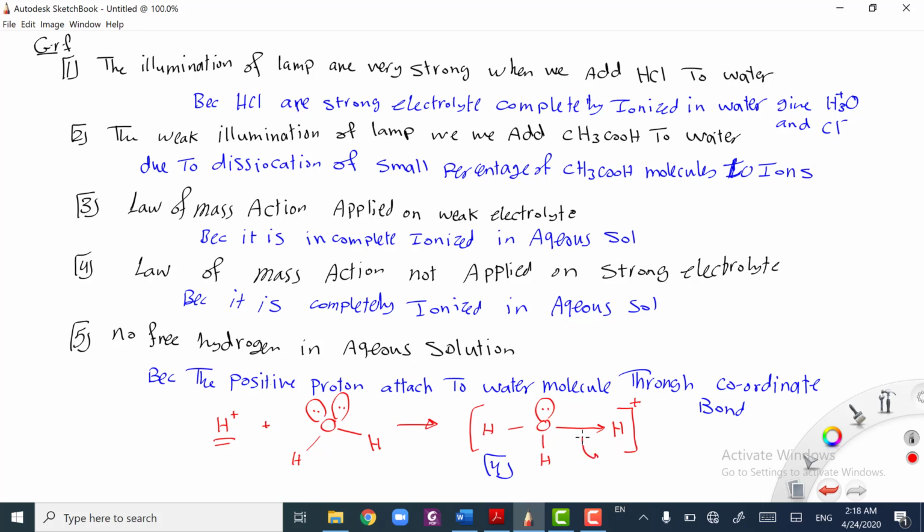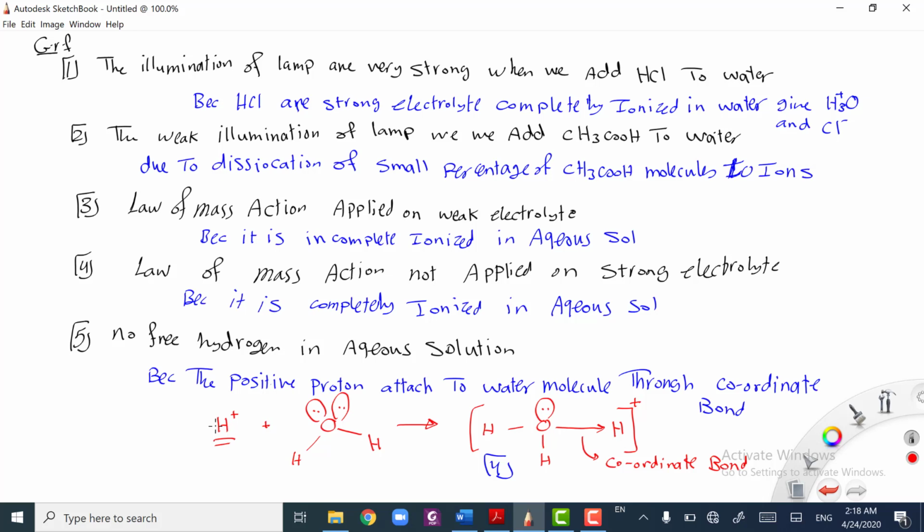This bond is called a coordinate bond. A coordinate bond is one where a donor atom gives a lone pair of electrons and an acceptor atom accepts the lone pair of electrons.